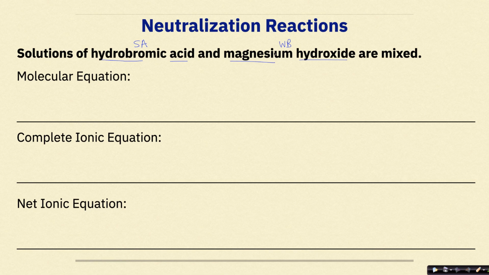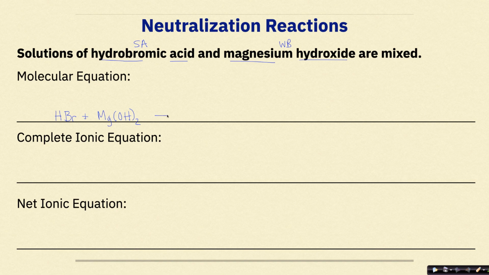So now we have to go back to our previous very long video on net ionic equations and remember a couple of quick things. So the first thing I'm going to do is write out my correct formula for my reactants. So HBr plus Mg(OH)2.